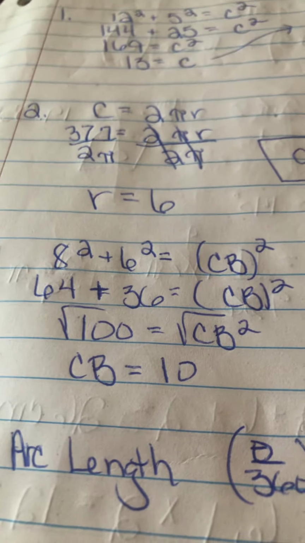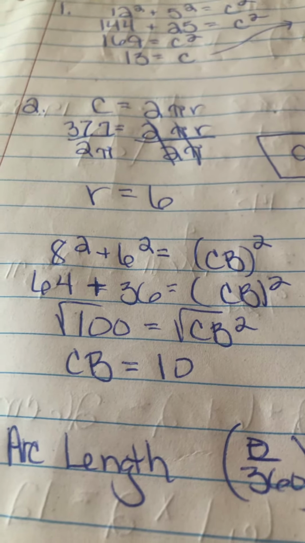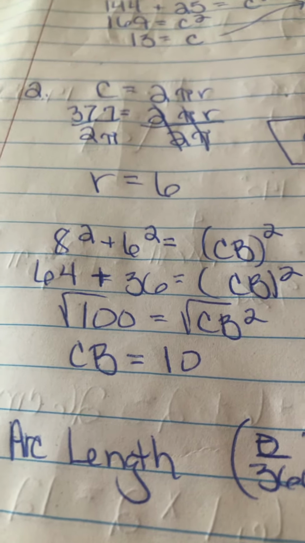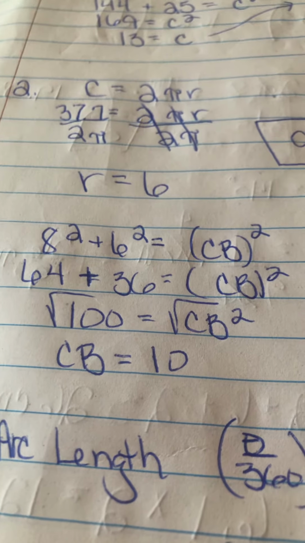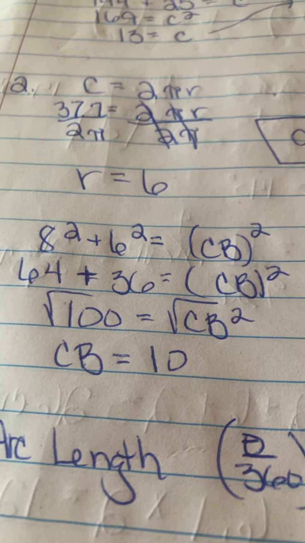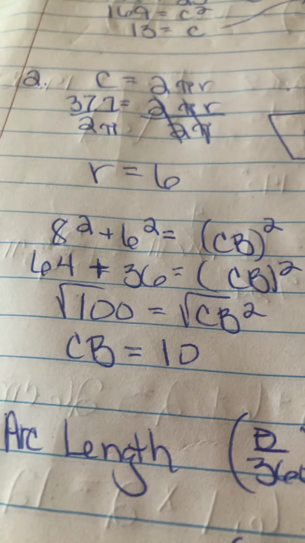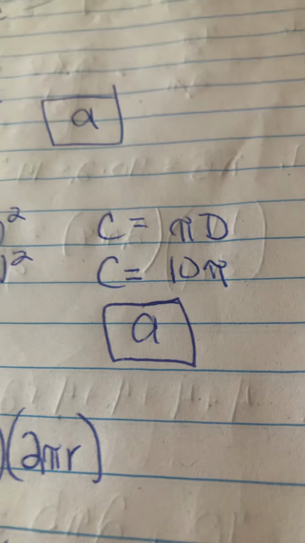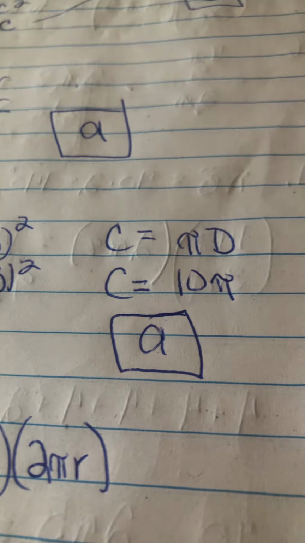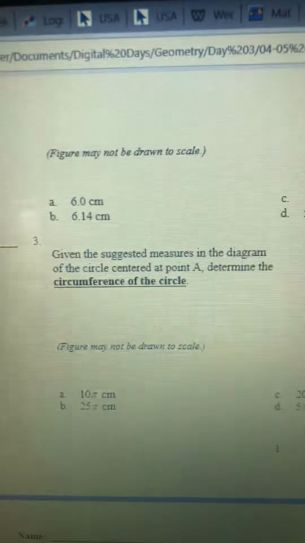So that's going to be 8 squared plus 6 squared equals CB squared, CB being your diameter. So then that's going to be 64 plus 36 equals CB squared, and then 100 equals CB squared, and then you take your square root of both sides, and CB equals 10. Now, we can use the circumference formula, which is circumference is equal to pi d, and our answer is A, 10 pi.